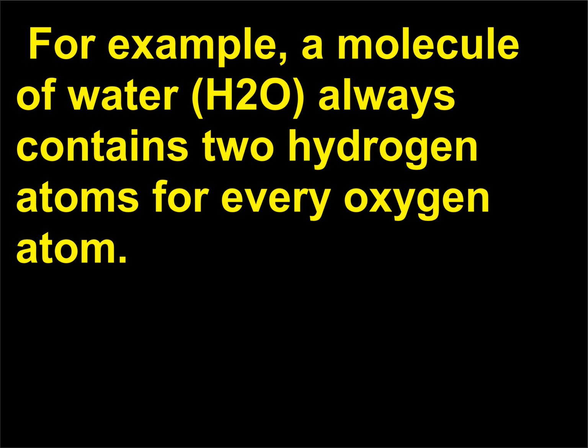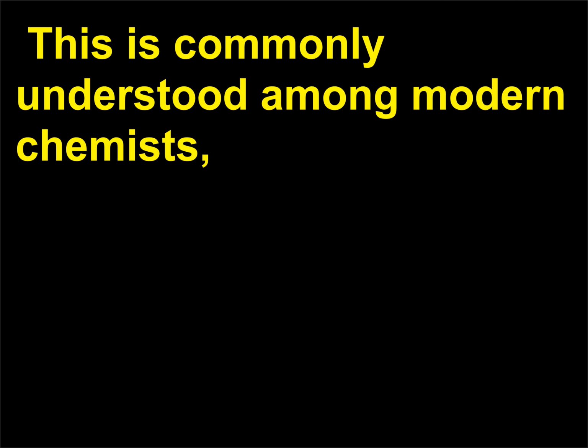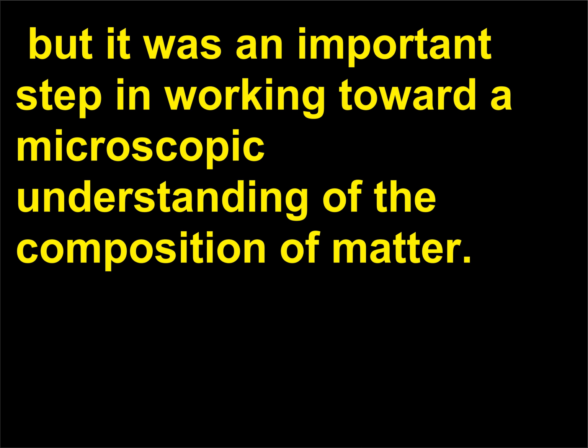For example, a molecule of water, H2O, always contains 2 hydrogen atoms for every oxygen atom. This is commonly understood among modern chemists. But it was an important step in working toward a microscopic understanding of the composition of matter.